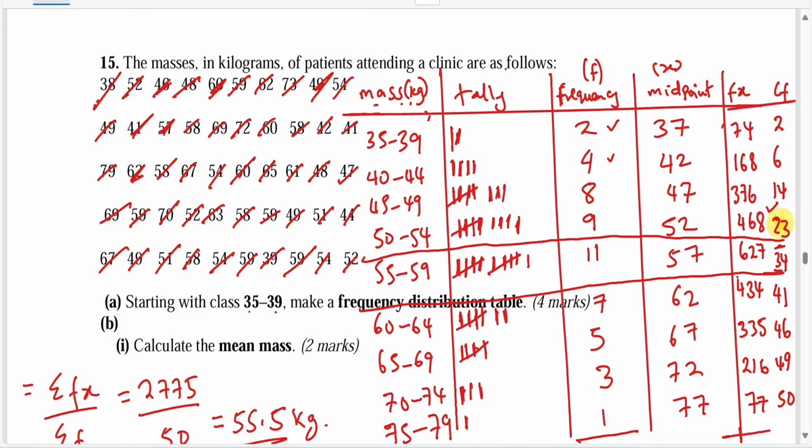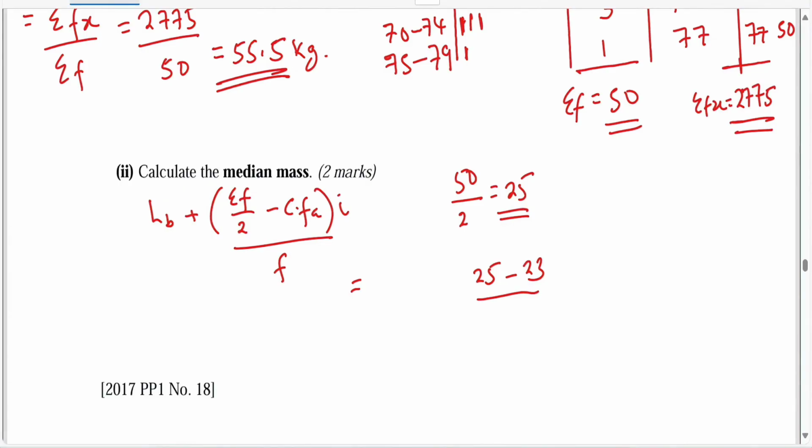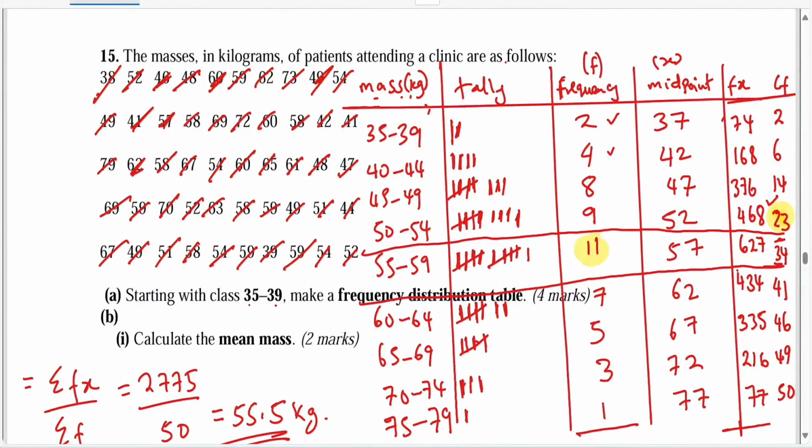So divide by the frequency, which is 11, times your class interval. We said our class interval is 5. Then plus the lower boundary. Now look at your lower boundary. Your lower boundary is not 55, it is 54.5.